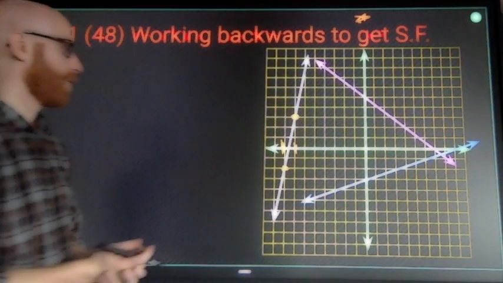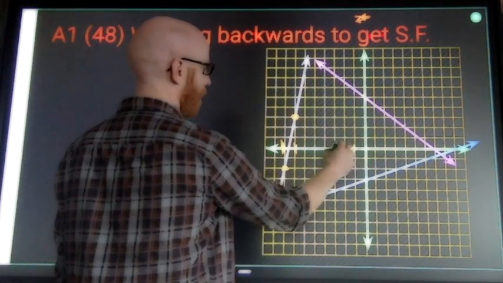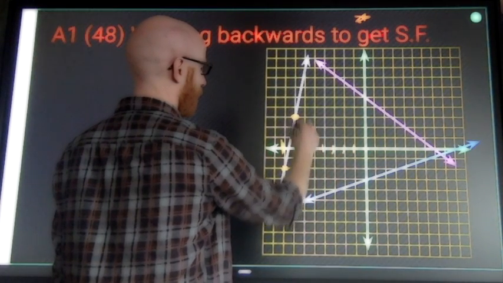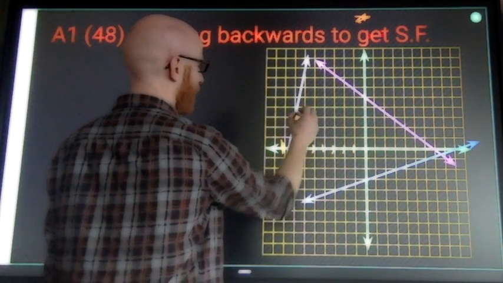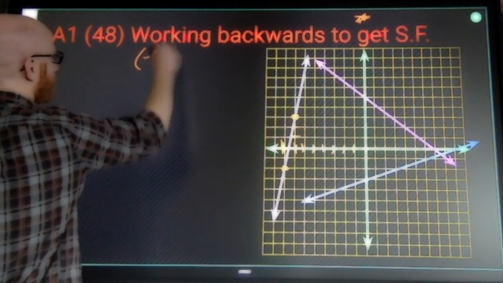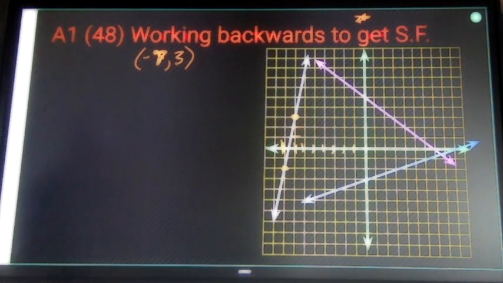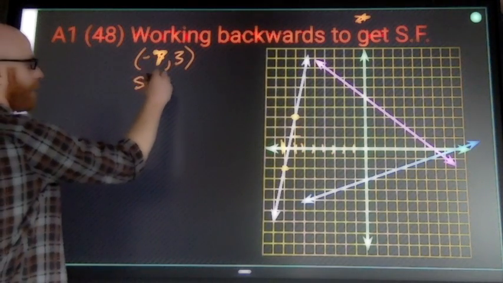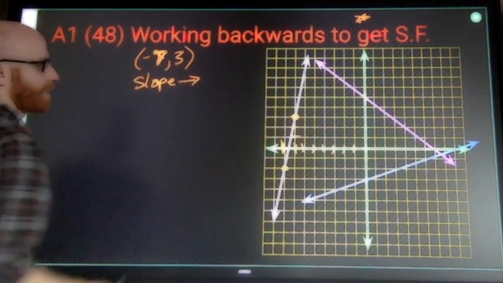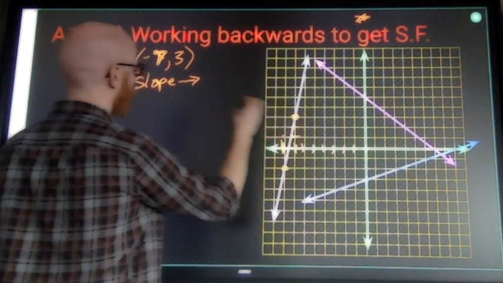Okay, so for this particular one, I have a point, negative 7, 3, that is a point on the white line. The slope of the white line is 5.